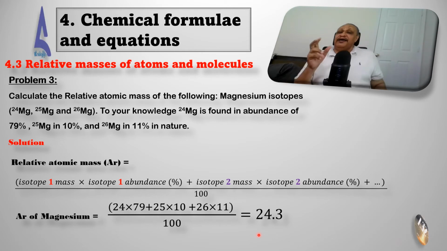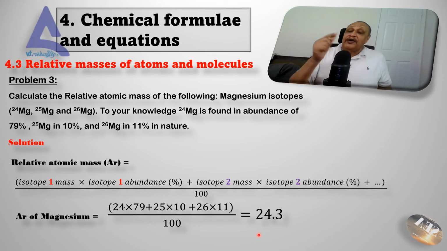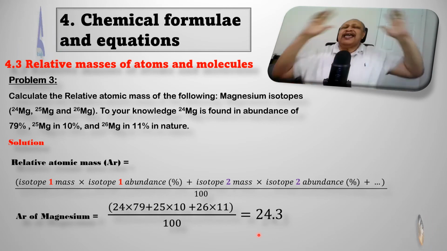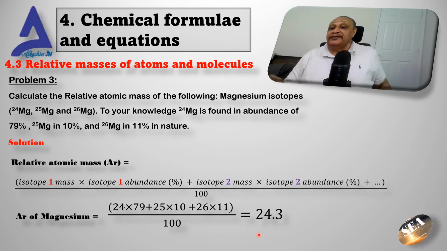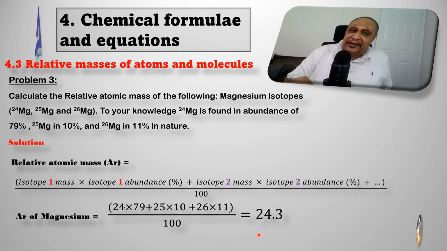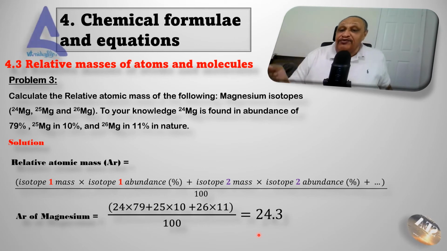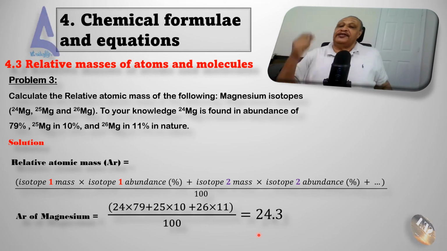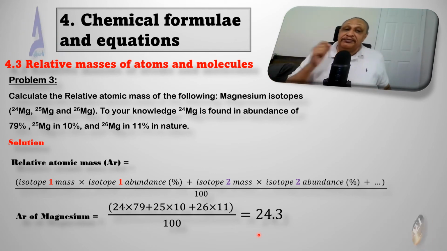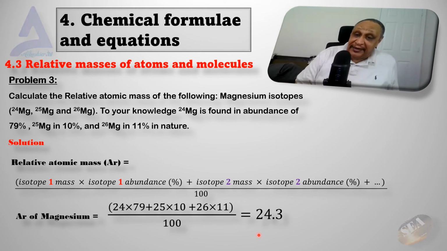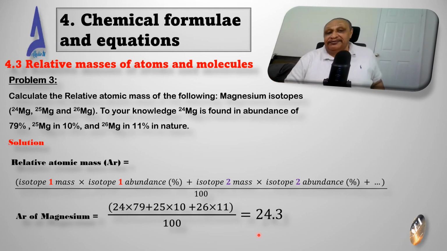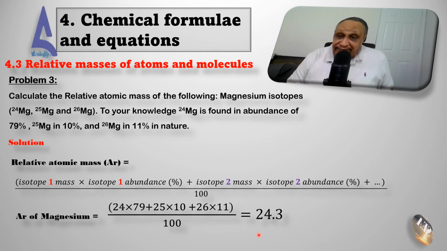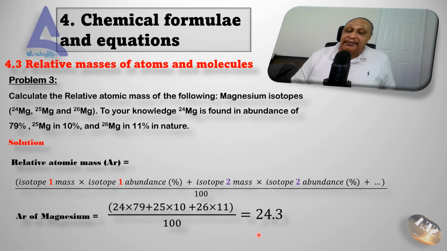And by this, we mean that if you pick one atom from anywhere in the world, 79% of the time it will be a magnesium 24 isotope, 10% of the time it is going to be magnesium 25, and 11% of the time it might be magnesium 26.